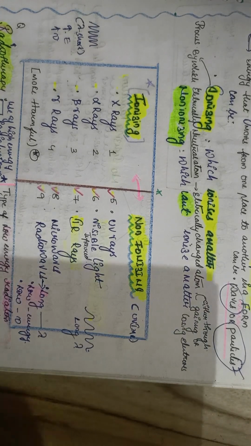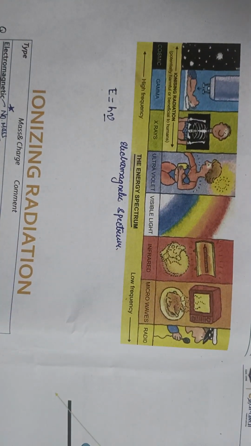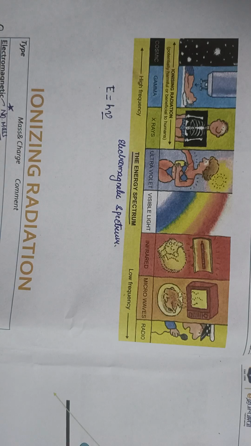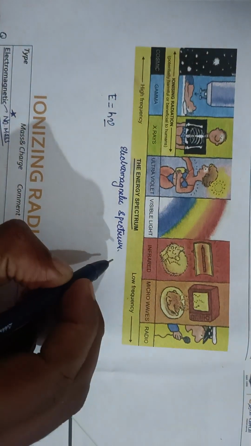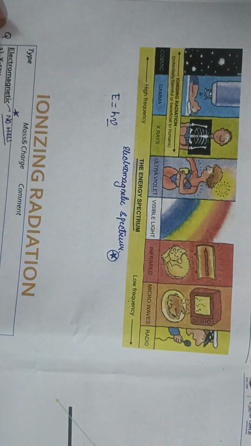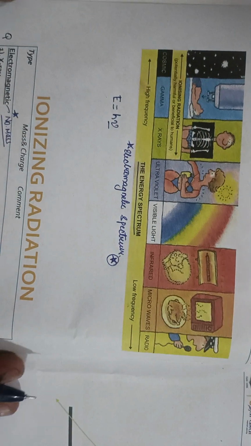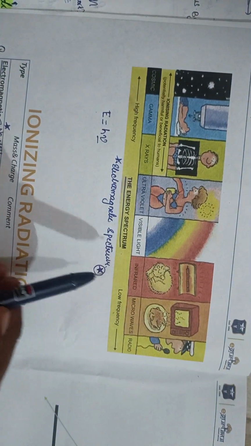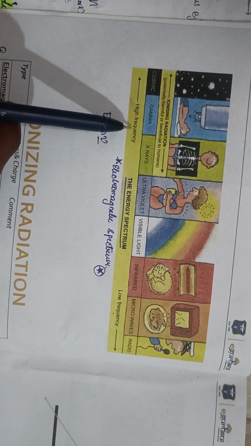Now these can be understood only when you know what the electromagnetic spectrum is. So this is the electromagnetic spectrum. We need to understand that you have a low frequency here and a high frequency.